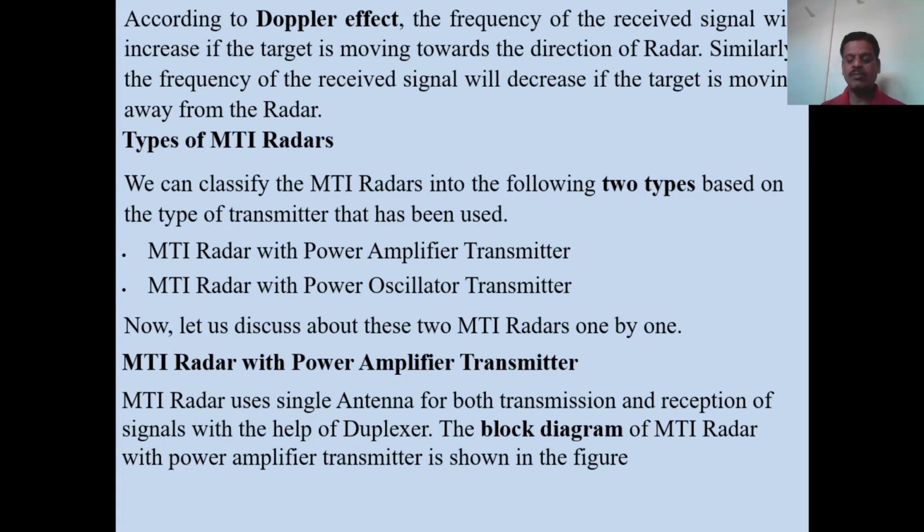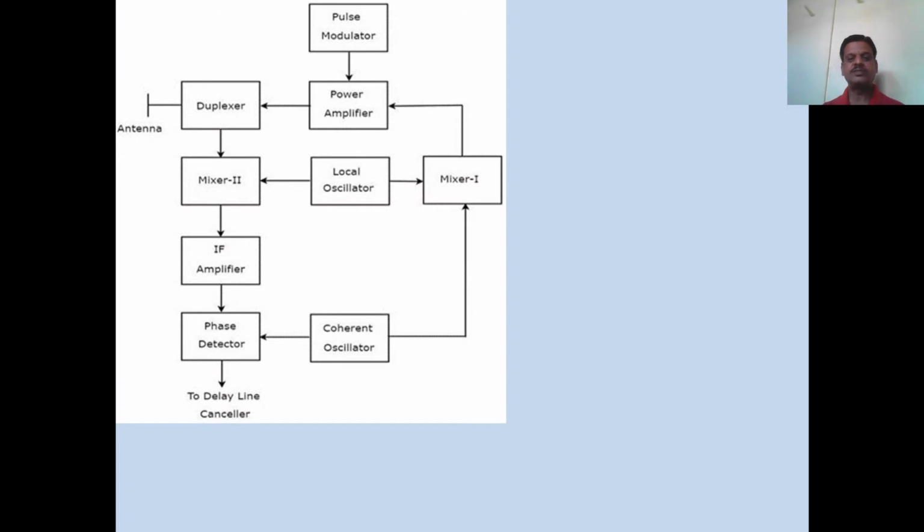The block diagram of MTI radar with power amplifier transmitter is like this. This is the transmitter section, and in this transmitter section, this is the power amplifier. And this is the receiver section, and the receiver section is the same for both radars.